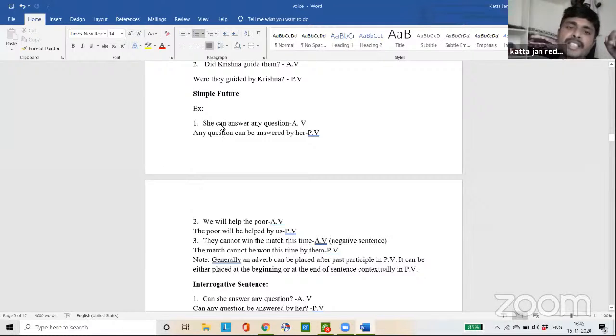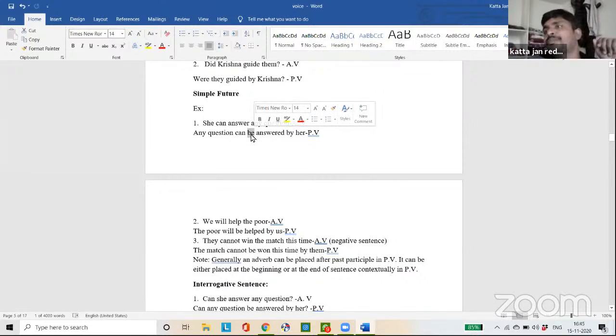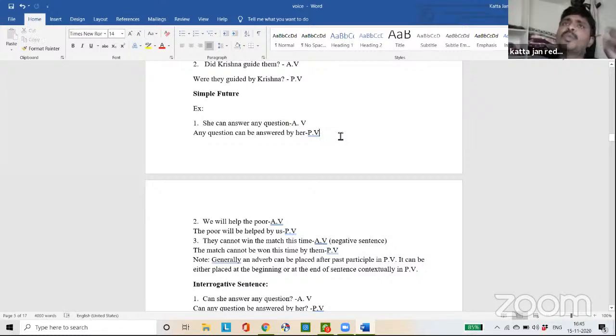Any question. The same helping verb or modal auxiliary should be used here. Extra, when can, will, shall, may are used in the active voice, right? In the passive voice, again, extra we use be. Actually, passive voice means passive verb.